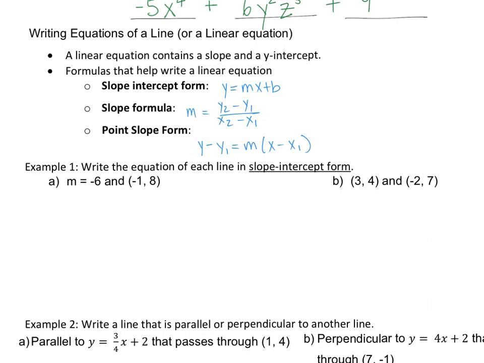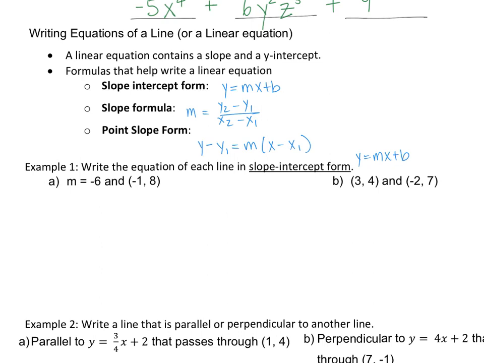In this first one, notice that you have the slope and you have a point. If you were to work out this problem, you need to write the equation for this line. But in order to write it, you need a slope and you need a y-intercept, a b. You already have the slope, so you need to find b.